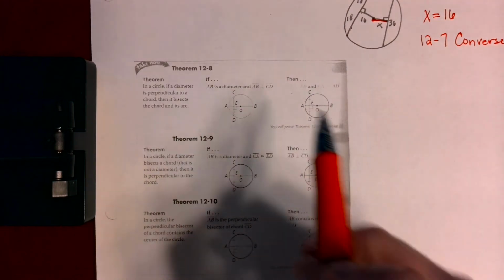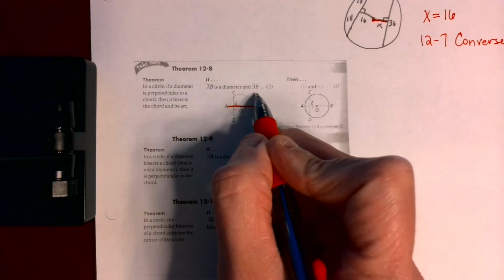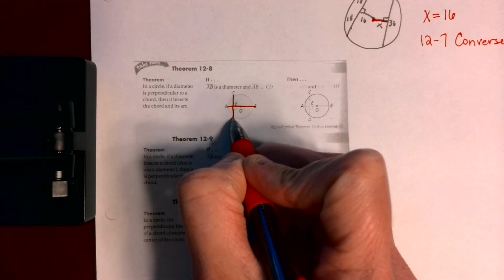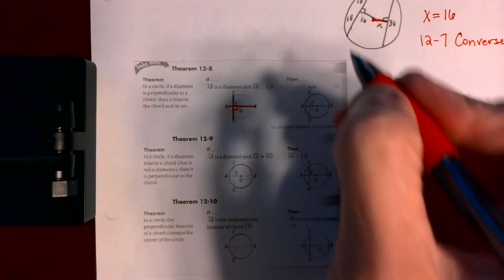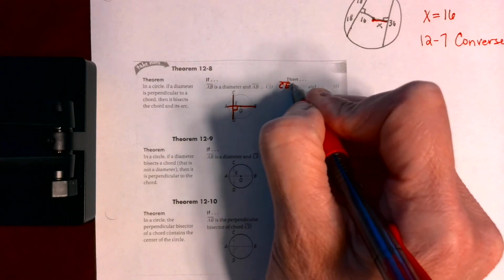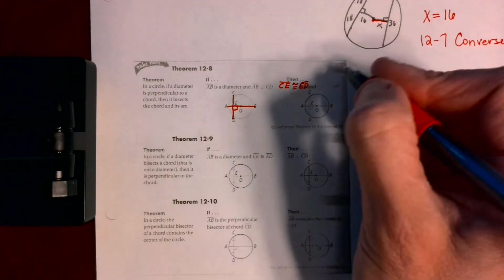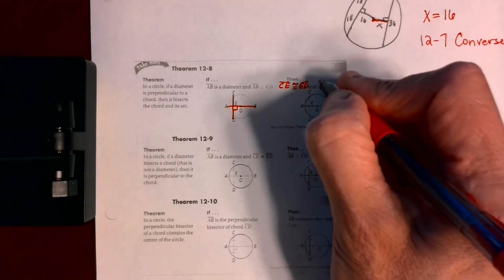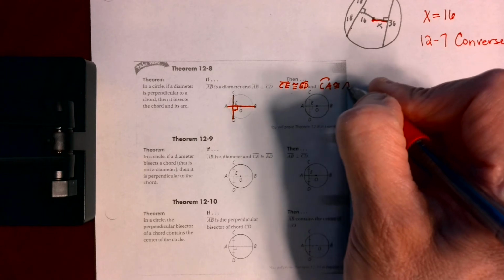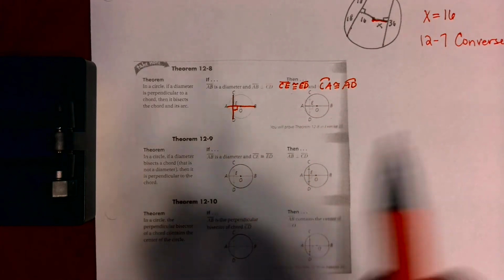Okay, it says if AB is the diameter and AB and CD are perpendicular, then, and this is the part that you can't read, CE is congruent to ED and arc CA is congruent to arc AD. So you might want to fill that in there on your note sheet.